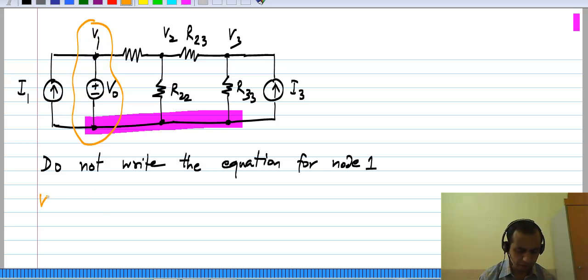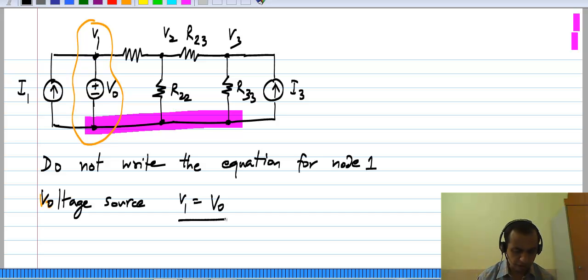It tells you that V1 equals V0. So essentially, this node voltage is already given to you. It is equal to V0, and you don't have to solve for it. So you don't write the equation for node 1 and you just write equations for nodes 2 and 3.